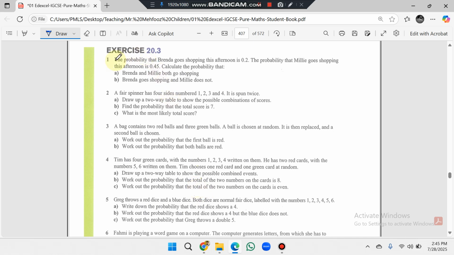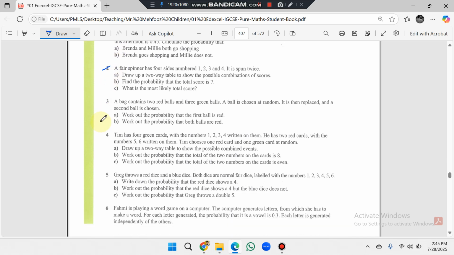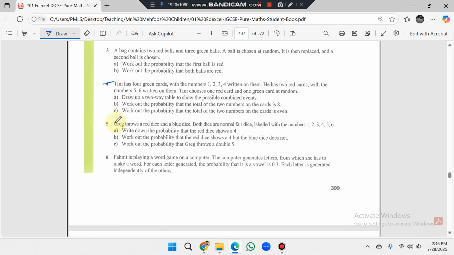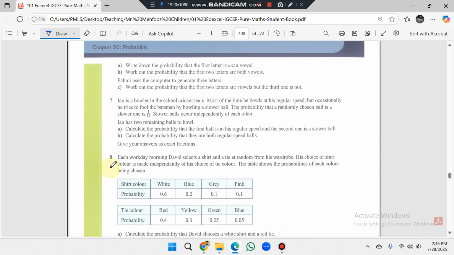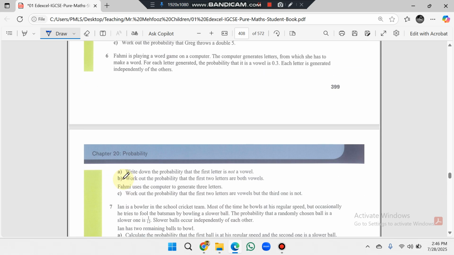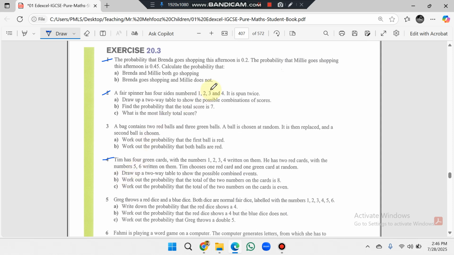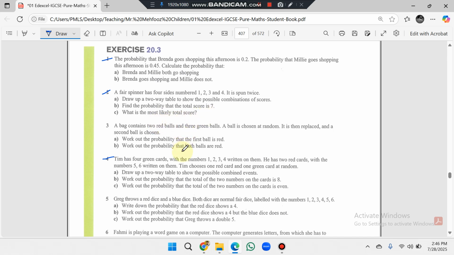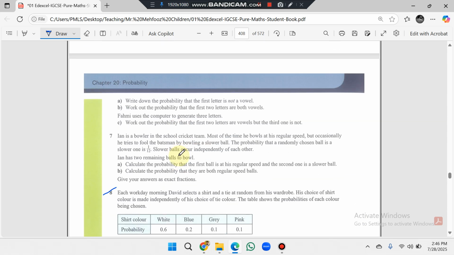For example, 1 is a factor of 8, 2 is a factor of 8, 4 is a factor of 8, and also 8 is a factor of 8. So this is called a factor. Now you have to do this exercise quickly.